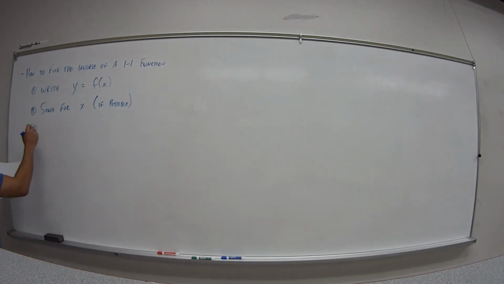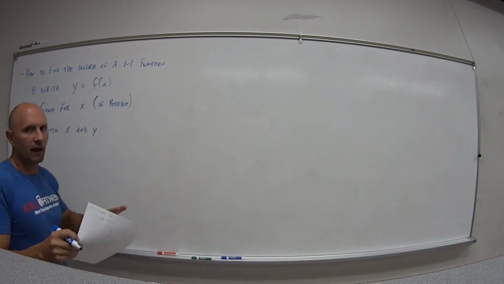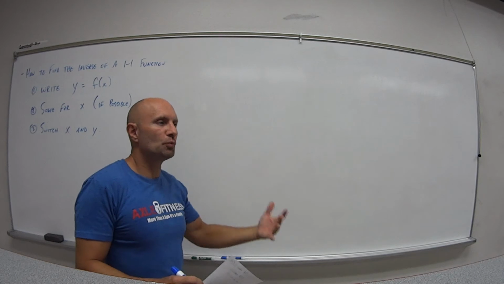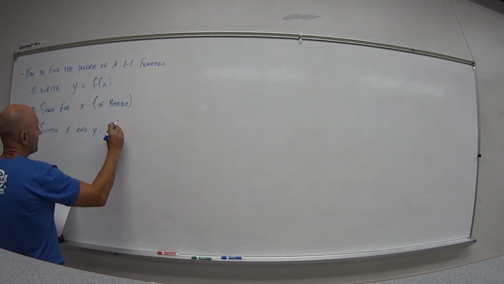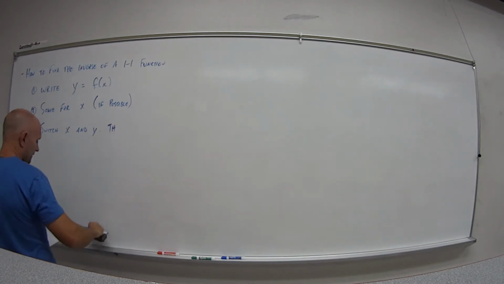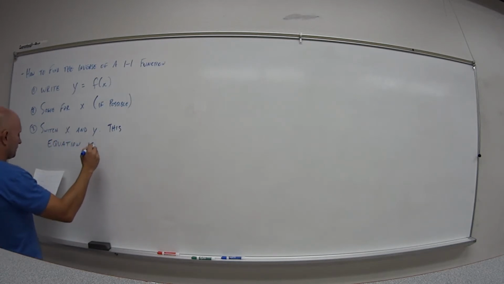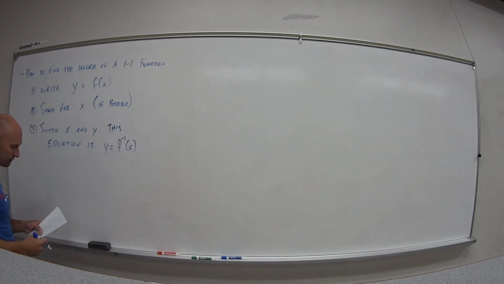And then step 3, we're going to switch x and y. So anywhere we have an x in the equation, we're going to change it to a y. Anywhere we have a y in the equation, we'll change it to an x. And now that we have that, this equation that we just created is y equals f inverse of x.